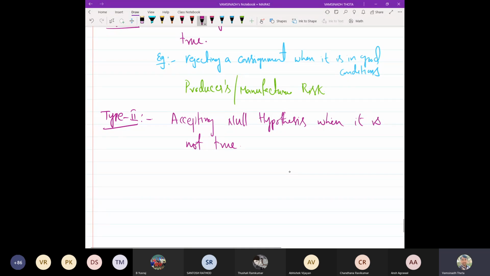Accepting a null hypothesis when it is false means accepting or purchasing a consignment when it is not in good condition.